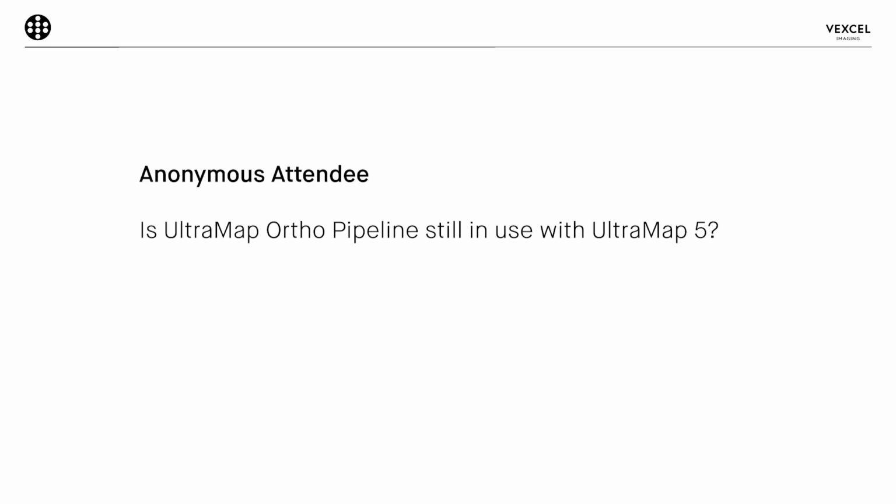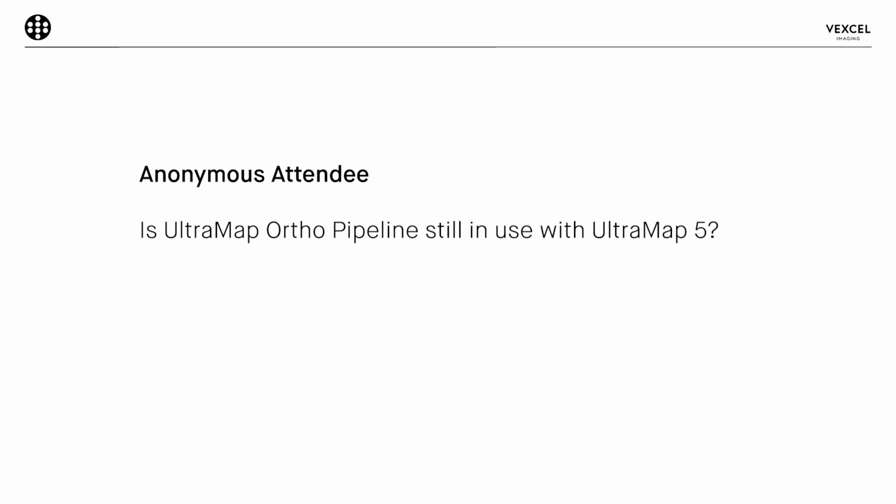Good. And is UltraMap auto production pipeline still in use with UltraMap 5? Yeah, UltraMap auto production module, this is now fully integrated into UltraMap Studio. So for any projects you start now new, you can do the full processing in UltraMap version 5.